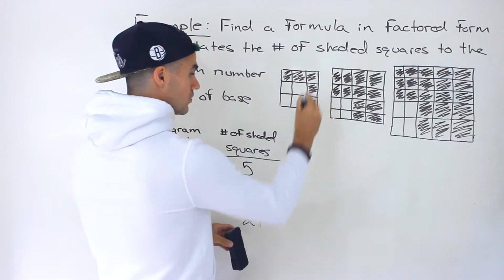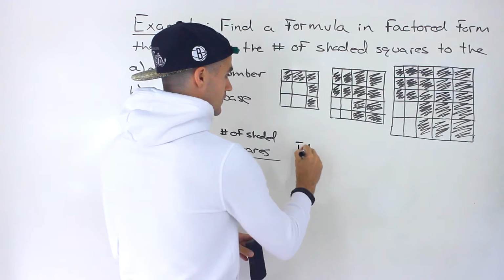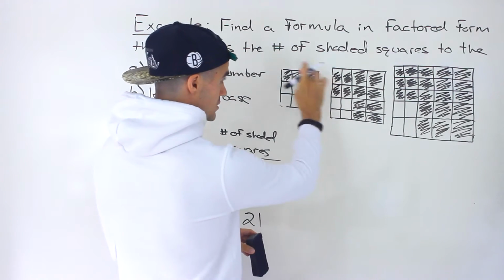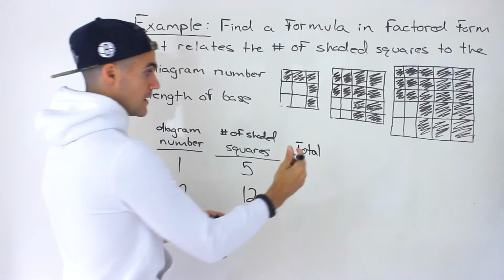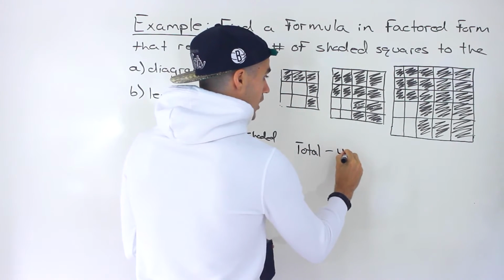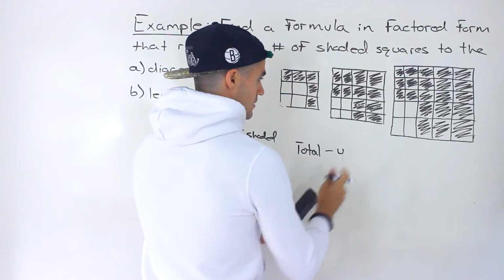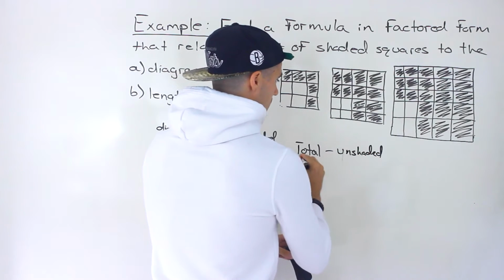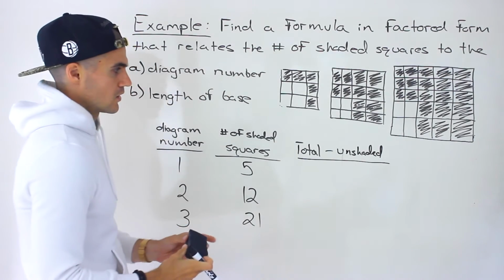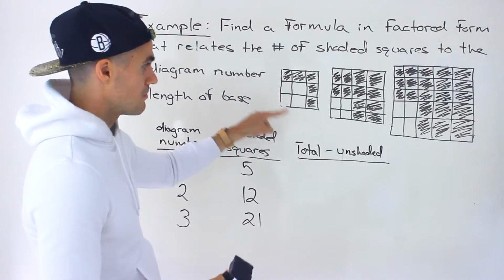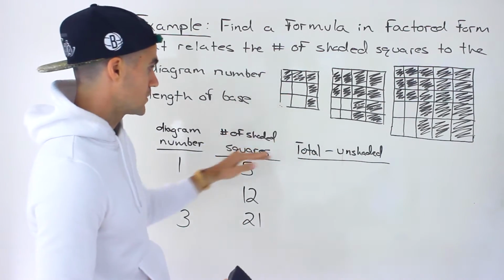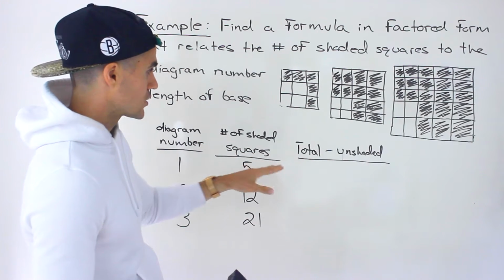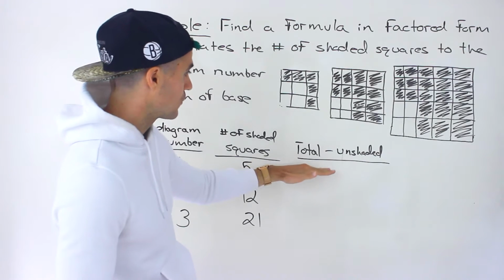The total area, the total number of squares in the whole diagram, minus the unshaded squares, right? The total number of squares minus the unshaded squares would give us the number of shaded squares. And so let's try to create expressions for this over here.